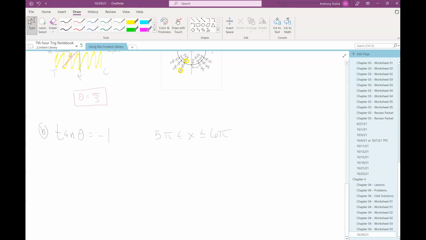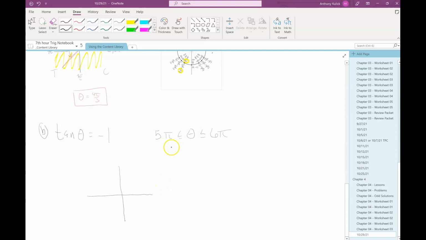So let's say we want to find theta when tan theta is equal to -1, and theta is between 5 pi and 6 pi. What does that mean? 5 pi. Okay, just go ahead, sorry.